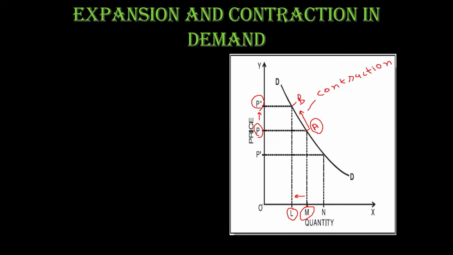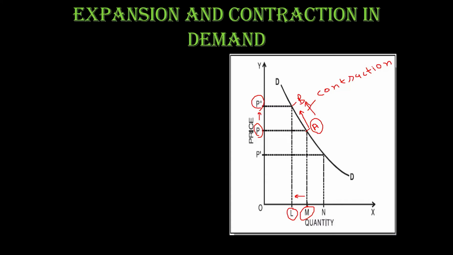When the price of the product increased, the quantity demanded decreased. When there is a decrease in quantity demanded, it is known as contraction. Or we can say it is upward movement along the same demand curve.